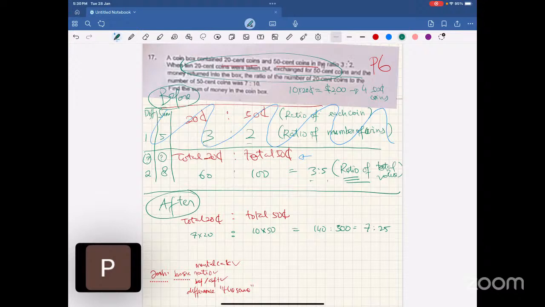Now, I'll ask you something first. Your P6 student already, you're going to PSLE. Does your teacher ever say to you, never use calculator? No. What is your teacher's opinion on calculators?